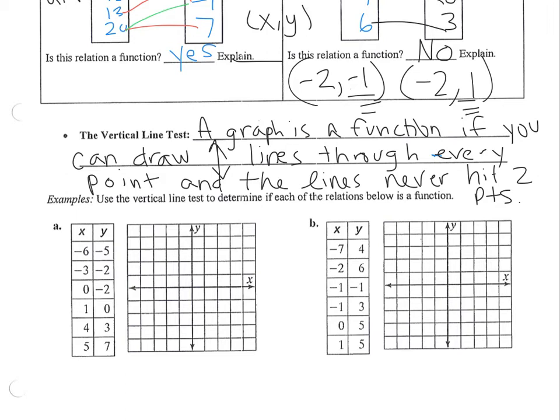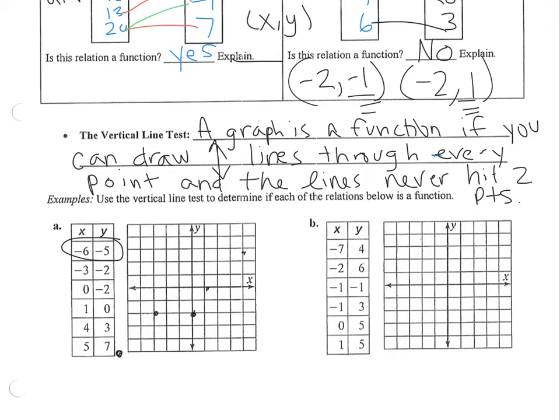So let's plot these. So -6, -5. 1, 2 is off the charts, so it's over here. -3, -2, 0, -2, 1, 0, and then 4, 3, and 5, 7.